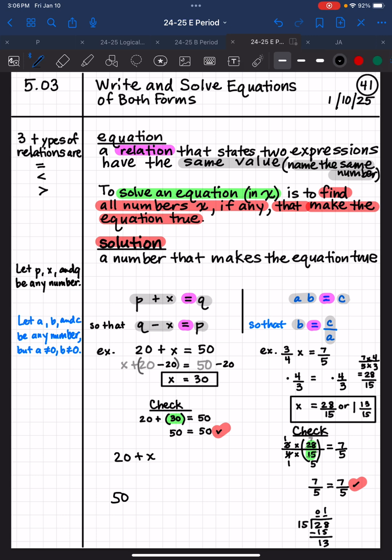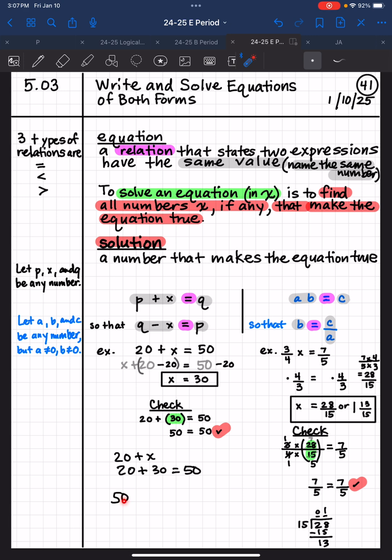So I'm going to substitute x with the number 30 because I'm told x equals 30. So I have 20 plus 30. And there is no x in this expression. So 20 plus 30 is equal to 50. And do both of these expressions equal the same number? 50 is the same number as 50.